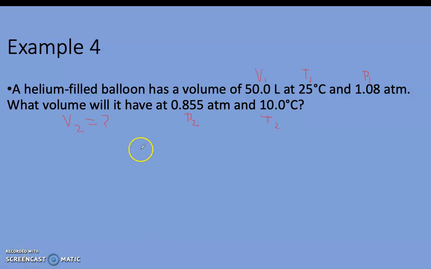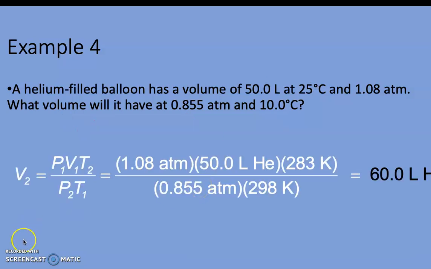What we're looking for in this problem is our V2, our final volume. So you have to rewrite the equation to get V2. Then you plug in all the other numbers, and remember to convert Celsius to kelvins. So we have V2 equals P1 times V1 times T2 divided by P2 times T1.